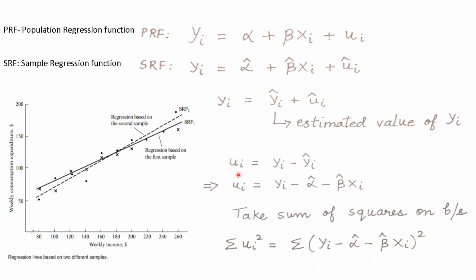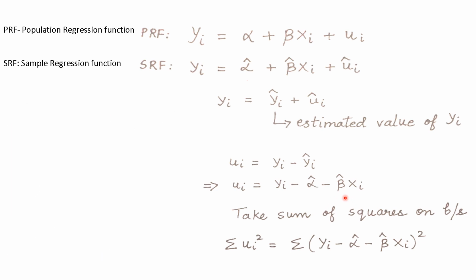Then we can write this mu i hat is equal to yi minus yi hat, and just substituting the value of yi hat in this equation we'll get the residual value like this. I hope this is clear how we are getting yi minus alpha hat minus beta hat xi. We have just substituted the value of yi hat, that is alpha hat plus beta hat xi, in this equation, and we are getting this equation, right?